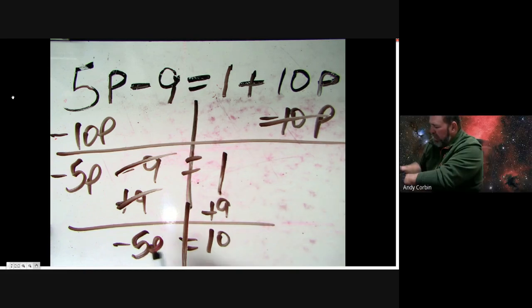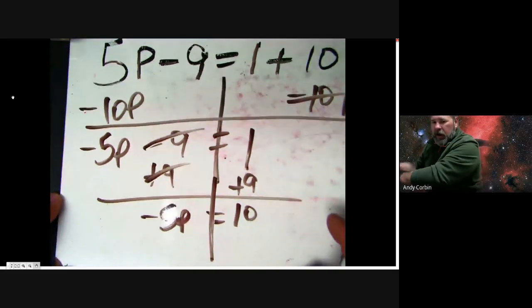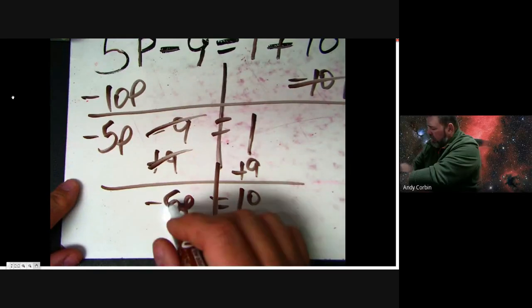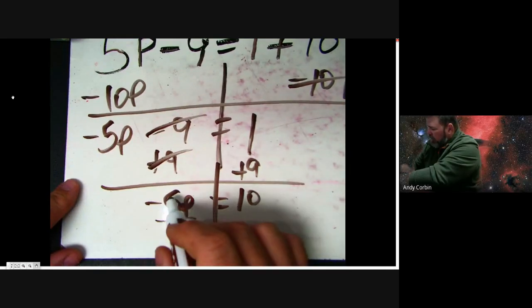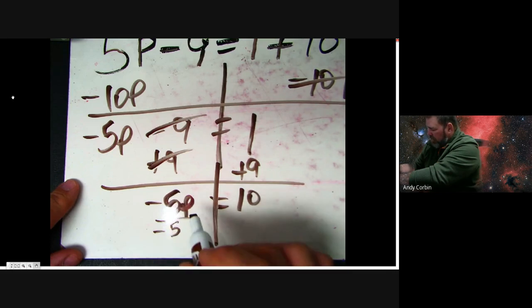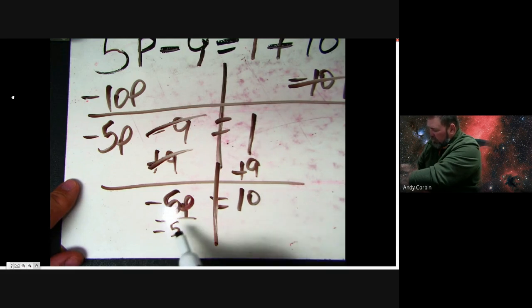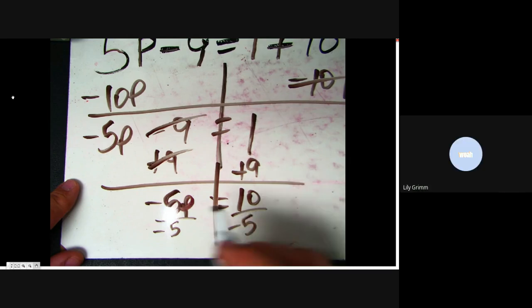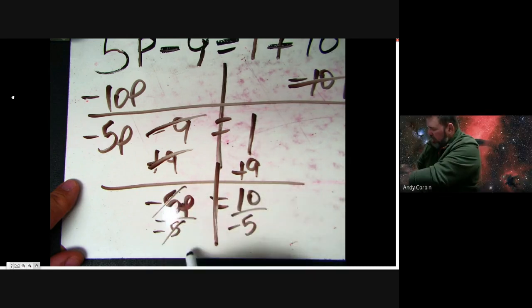Okay, has 5 been added? What does it mean when the 5's up against the p like that? Multiply. Right. So how do we undo multiplication? Divide. You got it. So you're going to put a fraction bar and you're going to divide by the same thing because we want those to cancel. And the rule is if you do it to one side, then you have to do it to the other. You got it. So these cancel out. p equals -2.